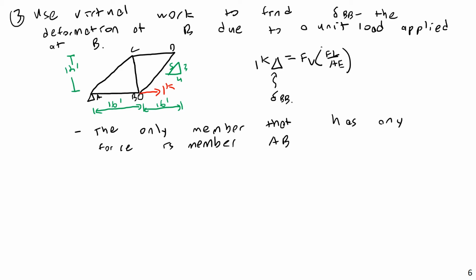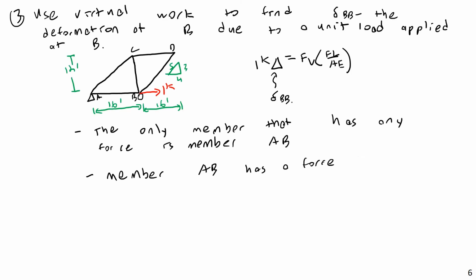And our FV is just going to be 1 kip, because that's the unit load that will be present in member AB. So member AB has a force of 1 kip in it, 1 kip tension. And we saw that previously. So I don't actually need to do the summation here.